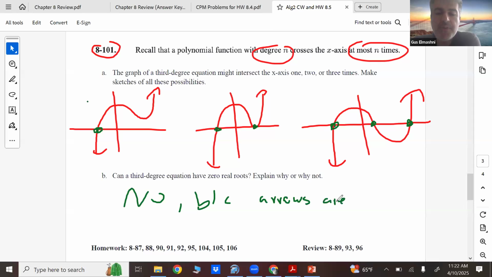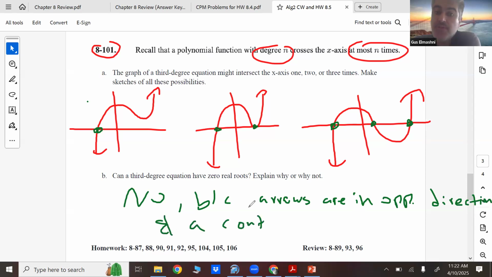The arrows are in opposite directions, and as we said, it's a continuous graph, so it's got to touch eventually. Now, if the arrows are in the same direction, then you can miss it. But yeah, the answer is no. That's the reason why.